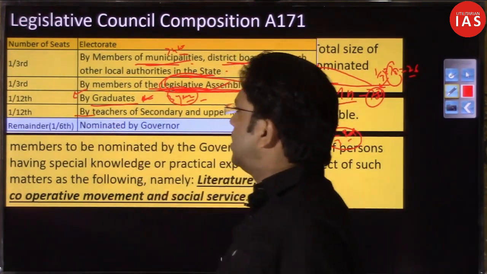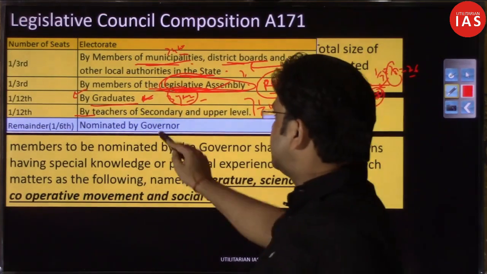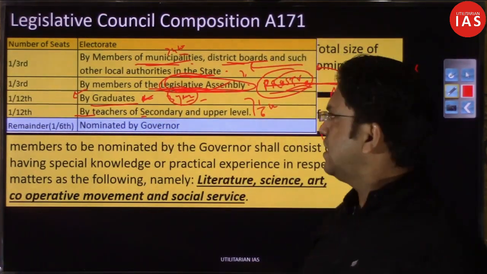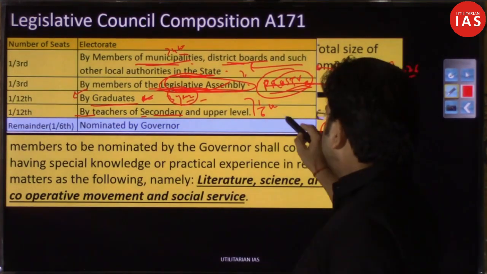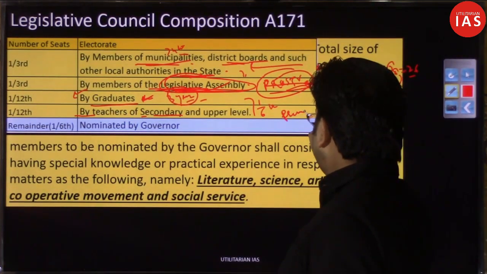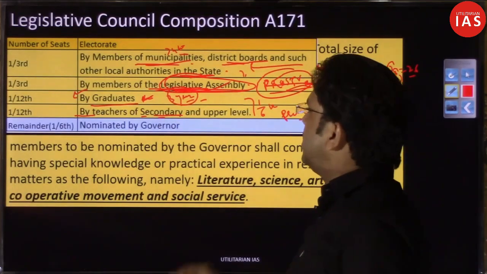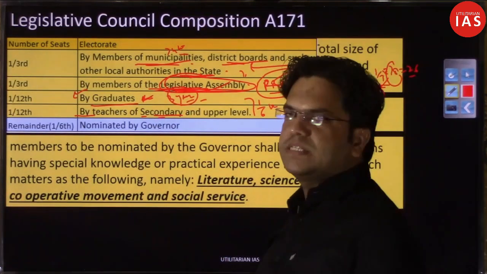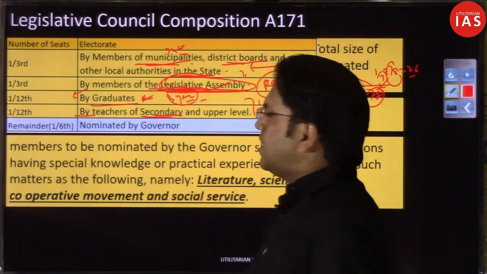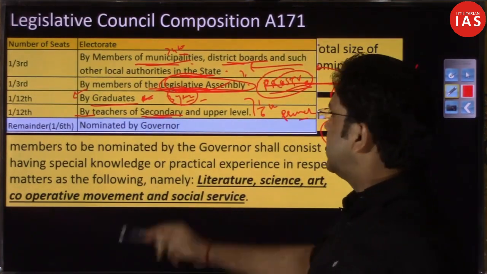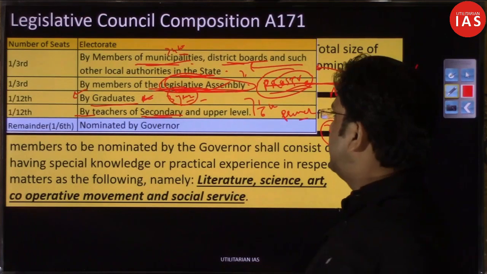Another 1/12 will be elected by teachers teaching at secondary level and above. It can't be teachers teaching at primary level; the only eligibility criterion for those teachers is that they should be teaching in schools at the secondary and upper secondary level, right?